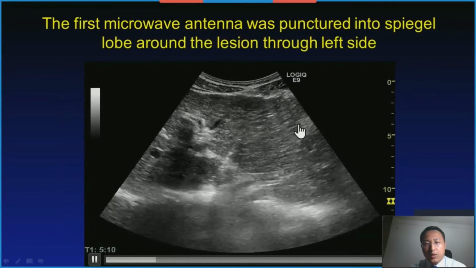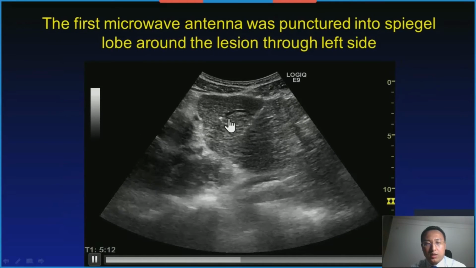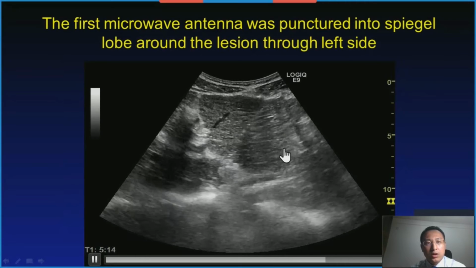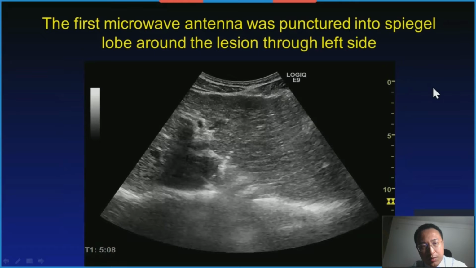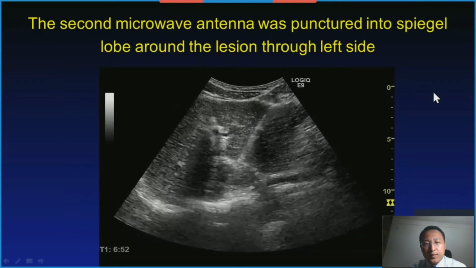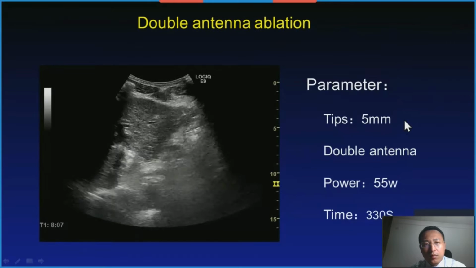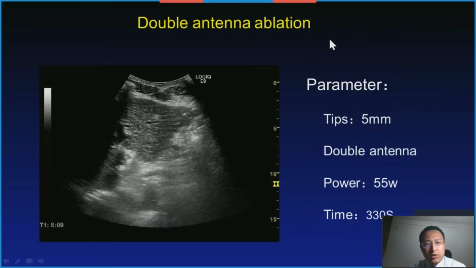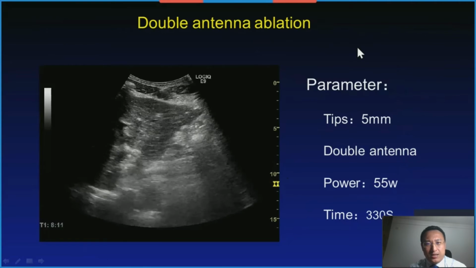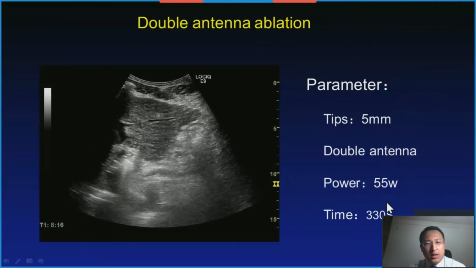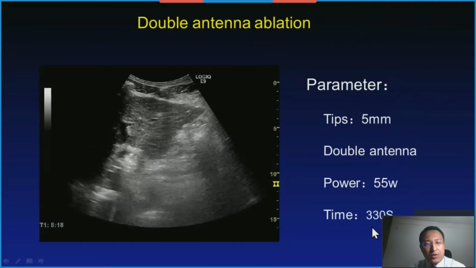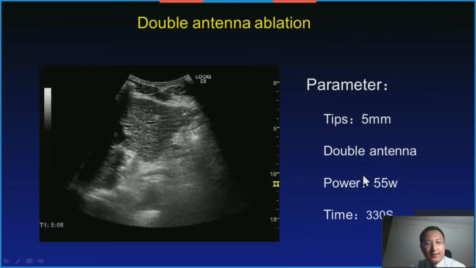So from left, we only use ultrasound guidance. The first microwave antenna was punctured into spigelian lobe around the lesion through left lobe, and then the second antenna. Double antenna ablation together. The parameters: tips 5 millimeter double antenna, power 55 watt, time 330 seconds.